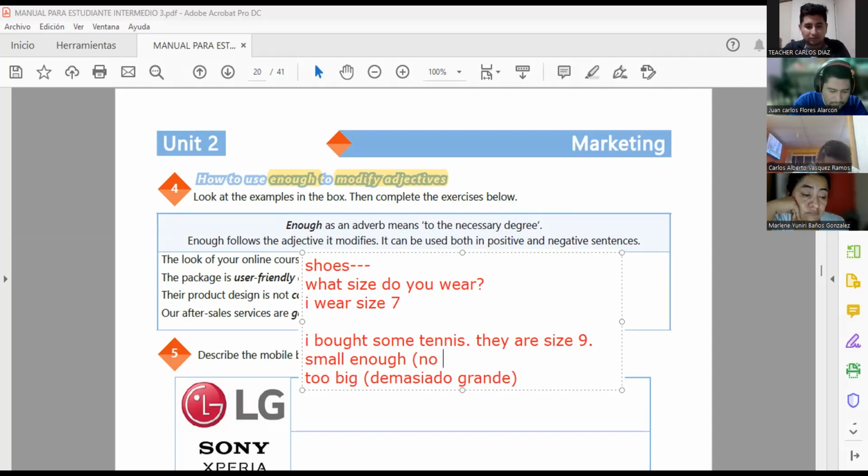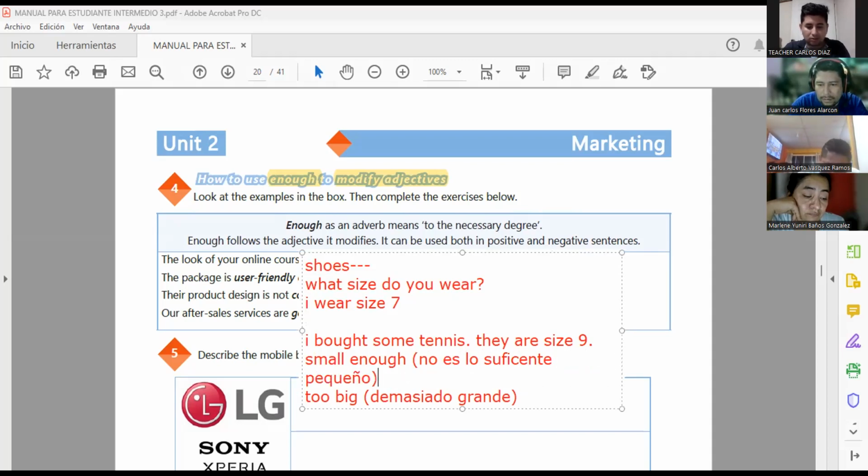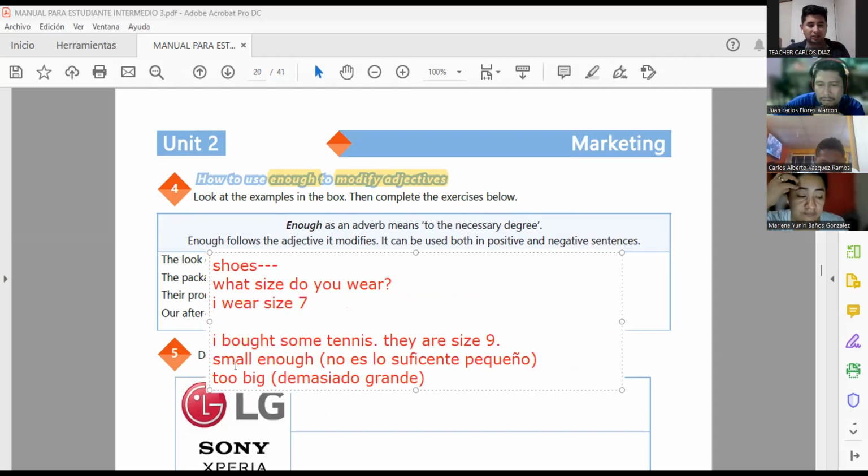What is it? Are you listening? So it's not small enough. I'm just kidding. But what if I give Elena a size 7? Teacher, thank you. The shoes are big enough.